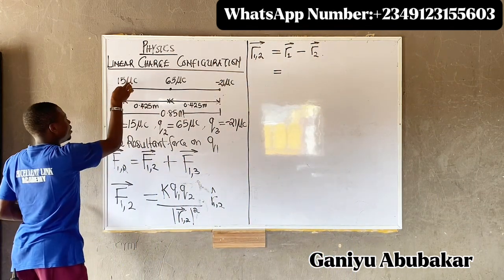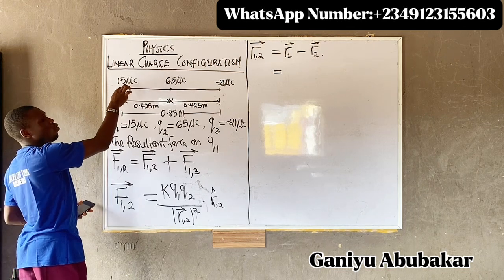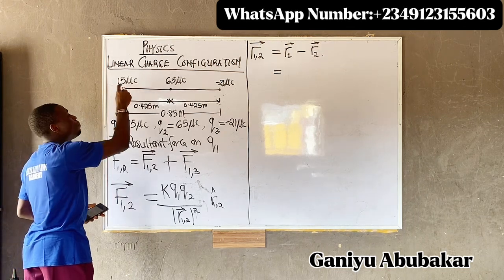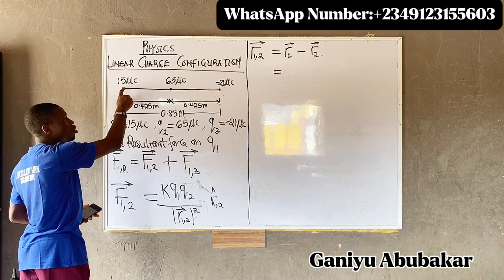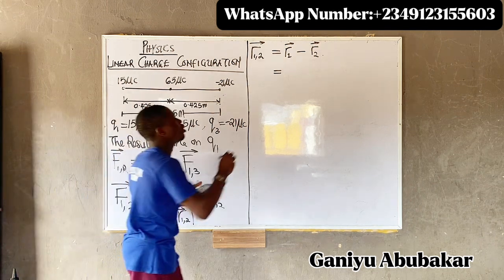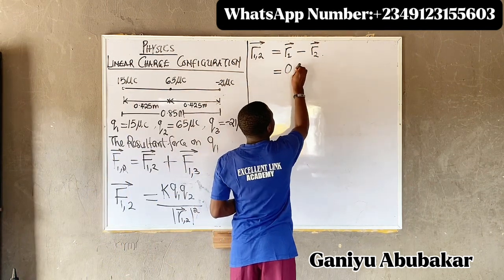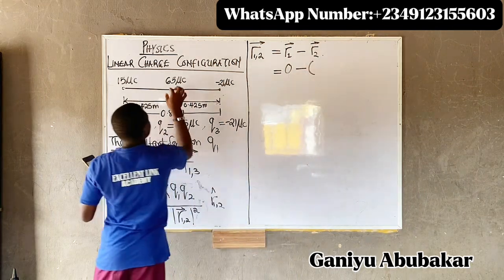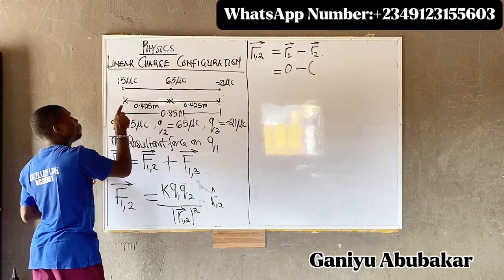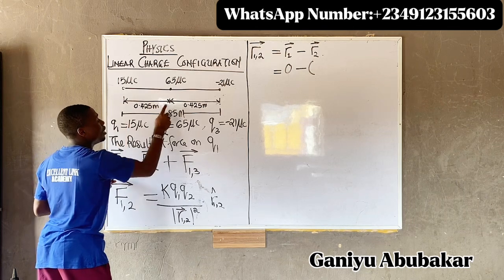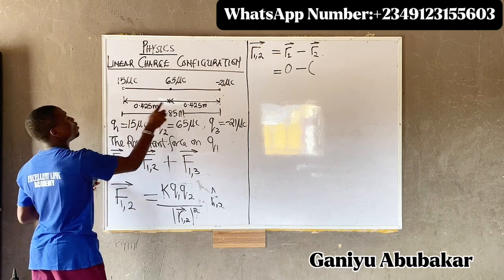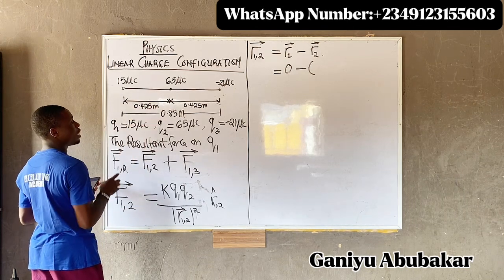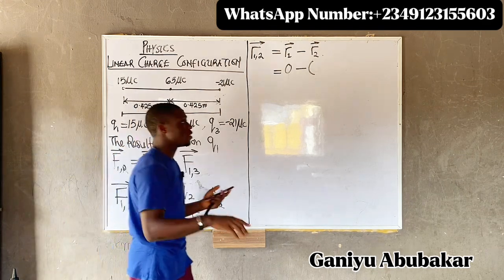There is no distance here; this is the starting point, and a starting point is always 0. So R1 is 0 minus, in brackets, R2. This is charge 2, so the distance from here to here is R2, which is 0.425.